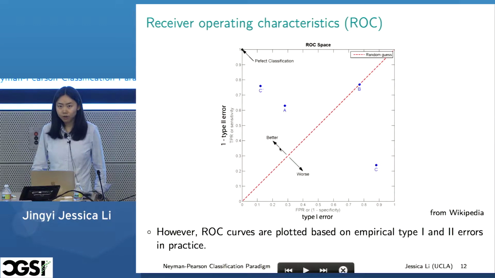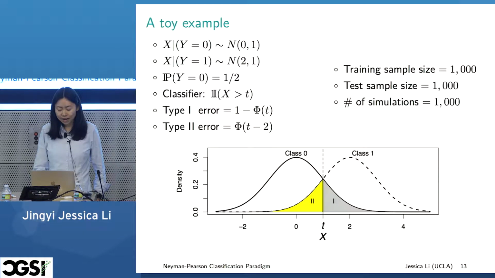So in this simple toy example, we just have two classes, and each class just has one feature with a Gaussian distribution. So in this case, we know that our classifier is just a threshold on the feature. If it's greater than a threshold, we predict class 1. Otherwise, we predict class 0.